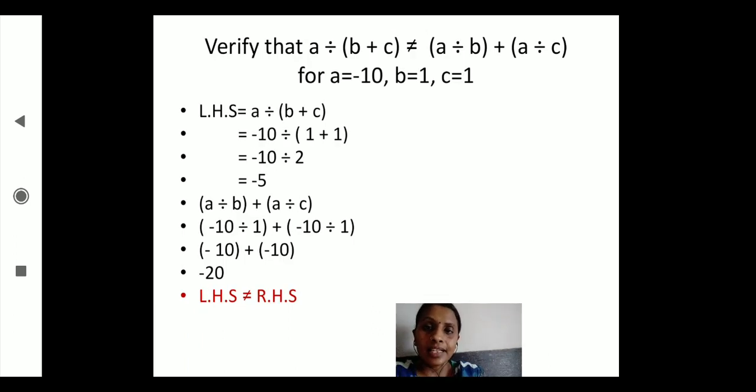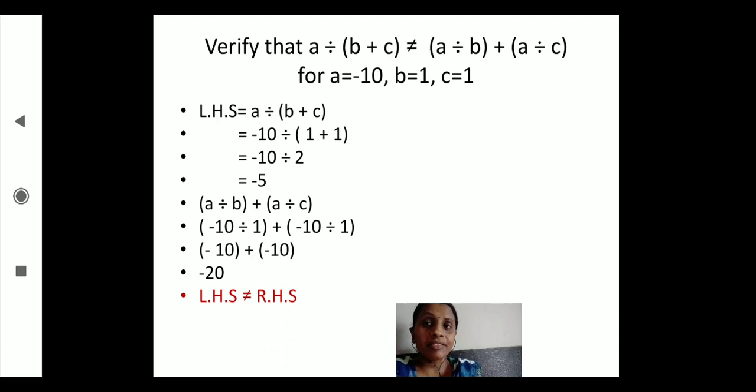Second sum is like this also: a divided by (b plus c) is not equal to (a divided by b) plus (a divided by c). Now here a is equal to -10, b is equal to 1 and c is equal to 1. If you understood the previous sum, you can do this sum your own way.